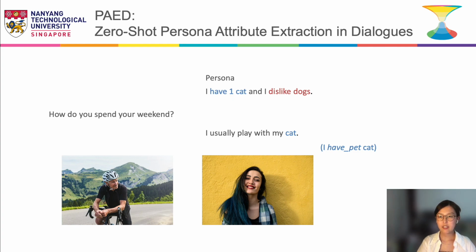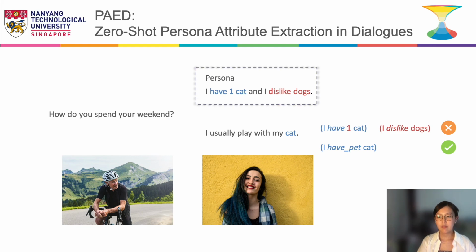However, the existing dataset usually provides wrong triplet annotations for such cases, like I have one cat and I dislike dogs. This is because during the data construction, the ground truth label for the given persona is I have one cat and I dislike dogs, and the previous method simply assigned the two triplets to the current attribute as the triplet labels, since the attribute is recognized to be entailed with the given persona through natural language inference techniques.